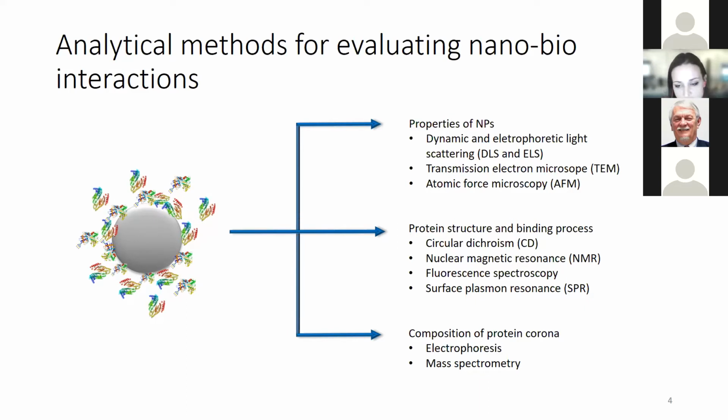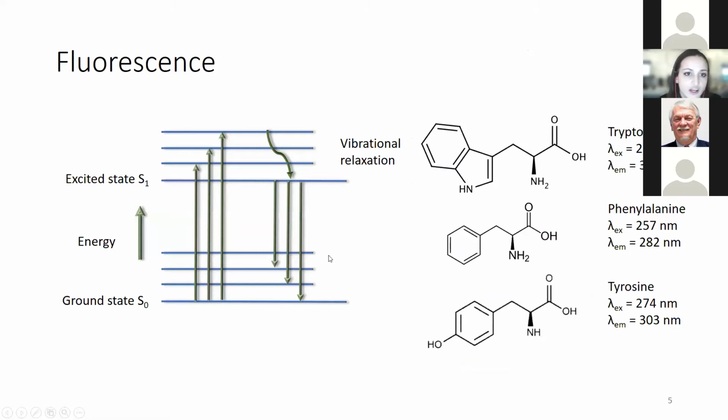The second category are methods used for determining the changes in structure of the protein, like circular dichroism and NMR. But these interactions can also be evaluated using fluorescence spectroscopy and surface plasmon resonance. And finally, the third category are the methods used for determining the composition of protein corona, like electrophoresis and mass spectrometry. So today we're going to focus on fluorescence.